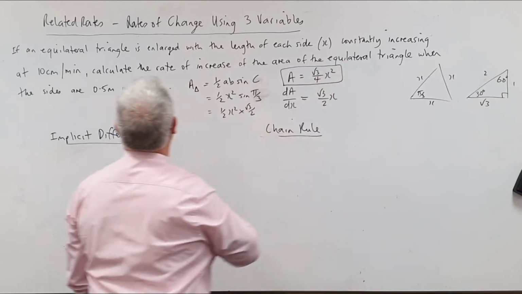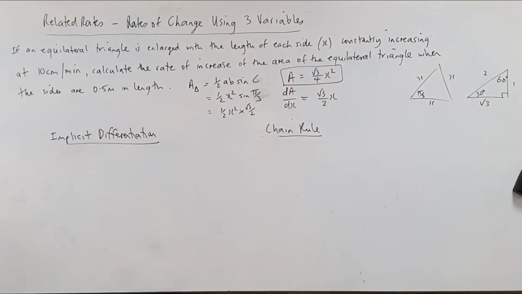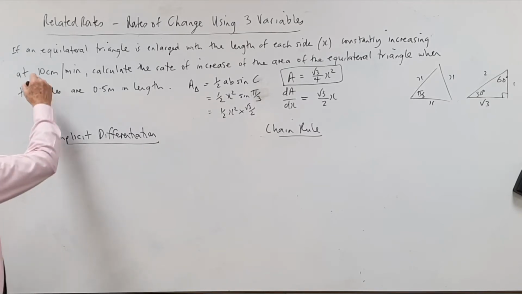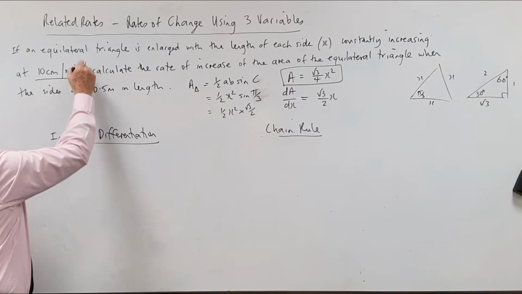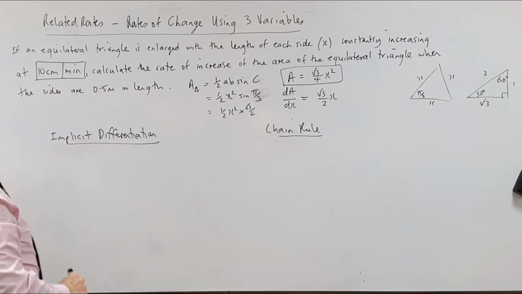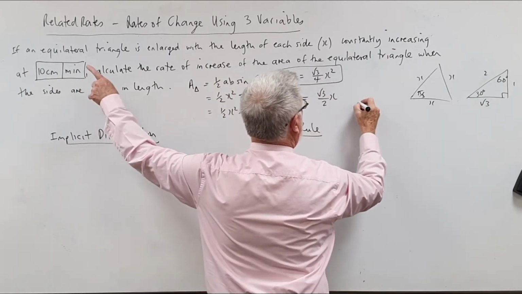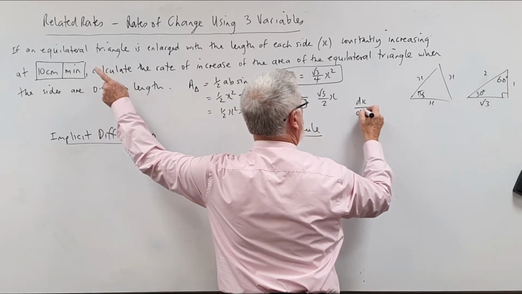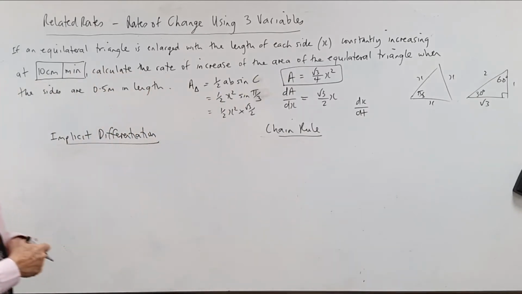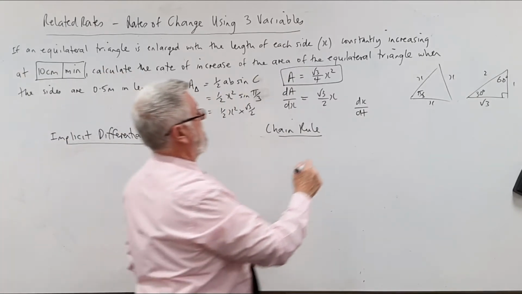Now what did they ask us to get? Coming out the rate of increase. Well, we know this one here. They've told us that, haven't they? So what's that one? The length of each side is constantly increasing. So in other words, we're comparing that to time at 10.